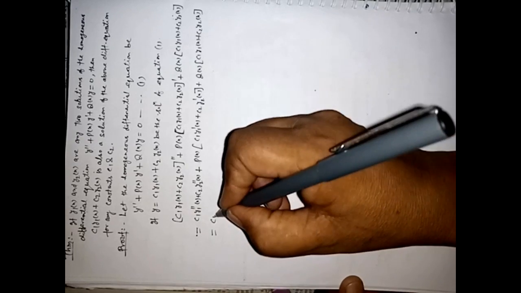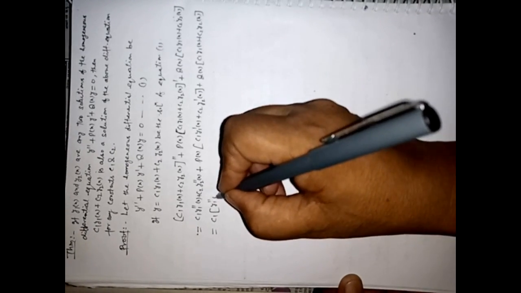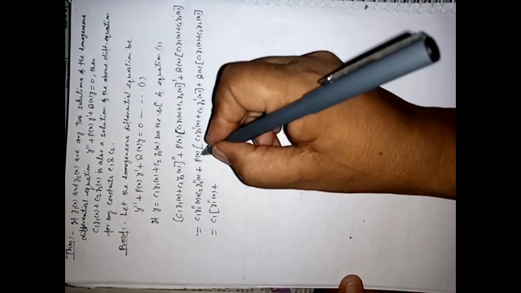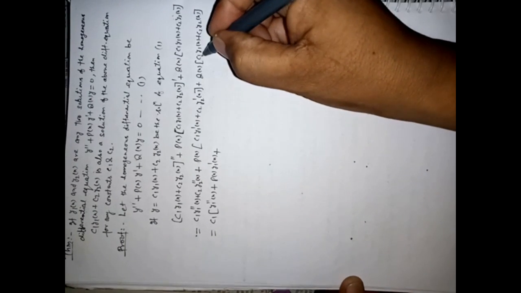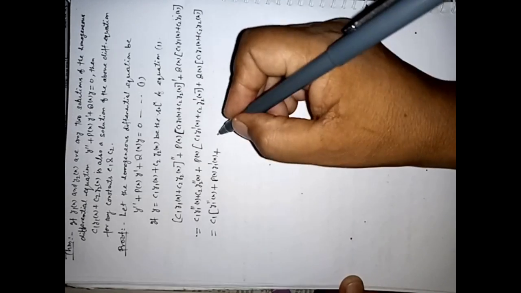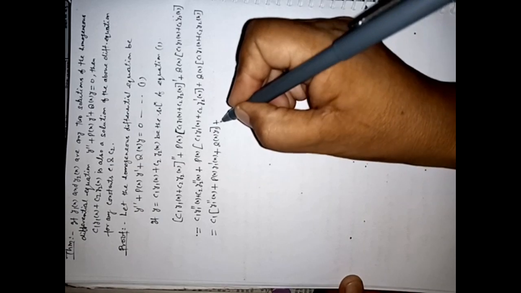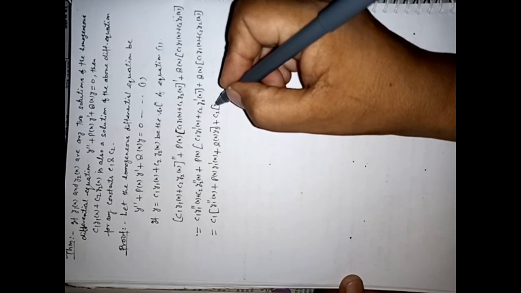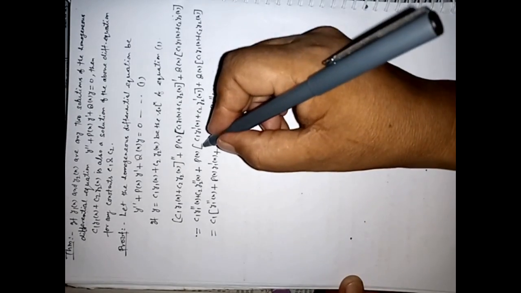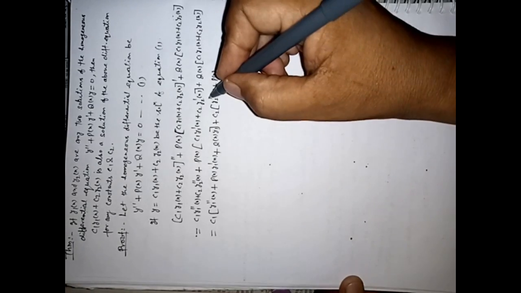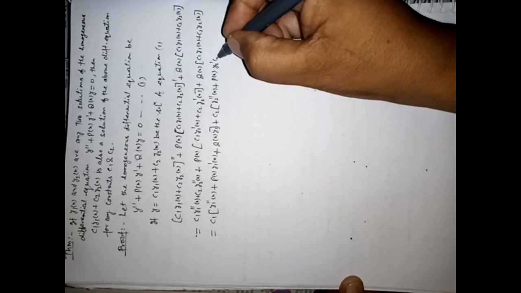Here, taking the coefficient of c1 we get y1 double dash x plus p(x) y1 dash x plus q(x) y1, plus taking the coefficient of c2, y2 double dash x plus p(x) y2 dash x plus q(x) y2.